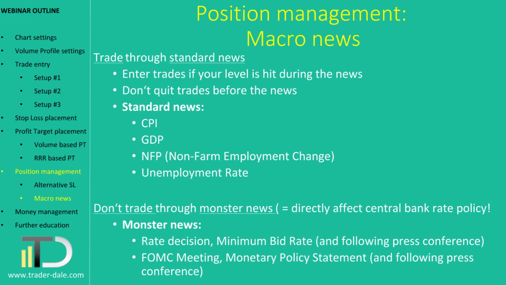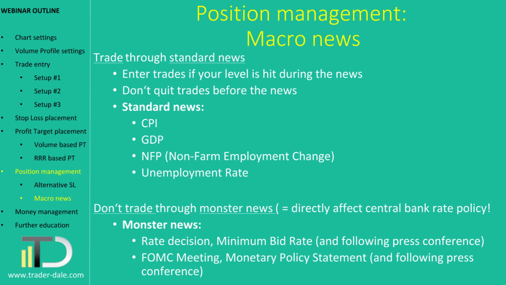Monster news are news that directly affect central bank rate policy. So it's, for example, rate decision, minimum bid rate and following press conference, FOMC meeting or monetary policy statement and following press conference. Those are the kind of news that can cause major volatility. They can start new trends. They can turn trades.